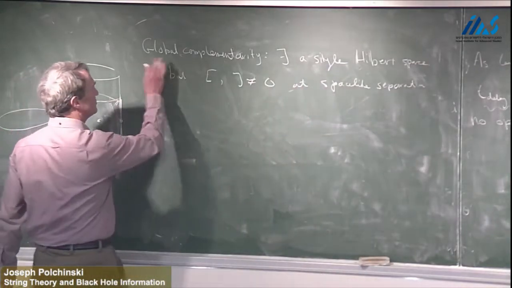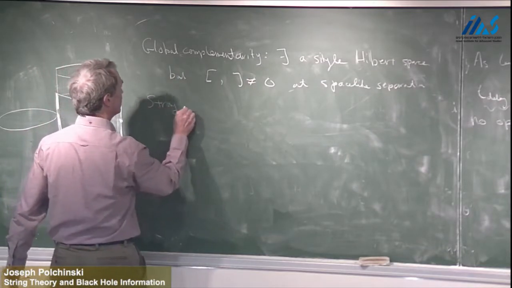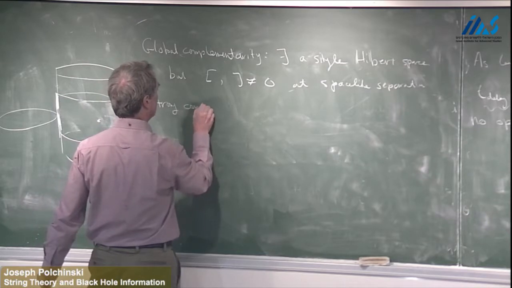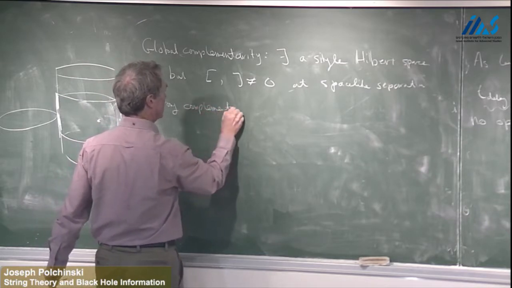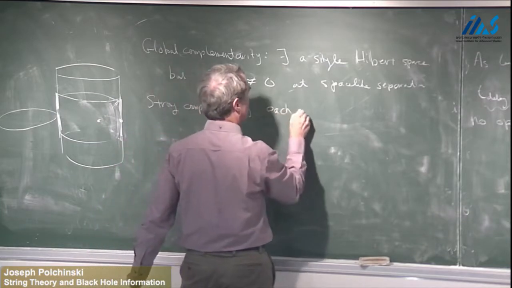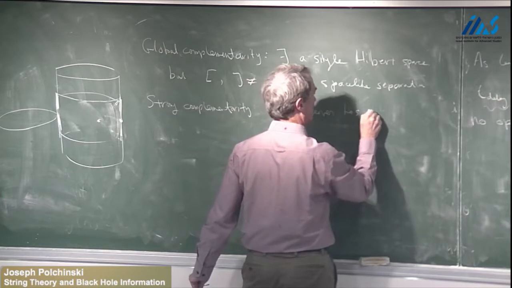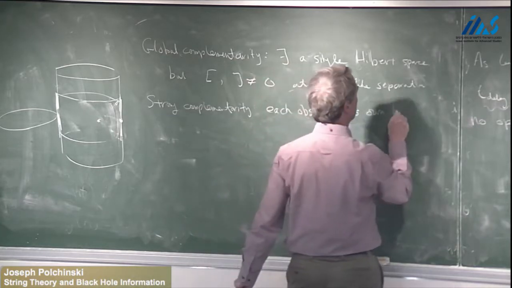Recently, this term global complementarity is new, but we need it because there's another notion of strong complementarity, which says that each observer has their own wave function, their own Hilbert space.